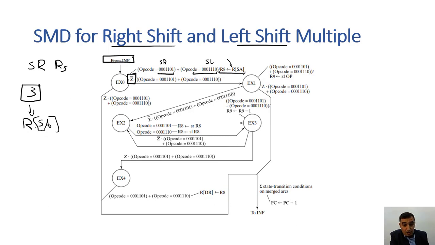So first of all, we need to check if the value we are going to shift is equal to 0 or not. If it's equal to 0, then we go to instruction fetch and stop everything. There is no need to do anything in our instruction.